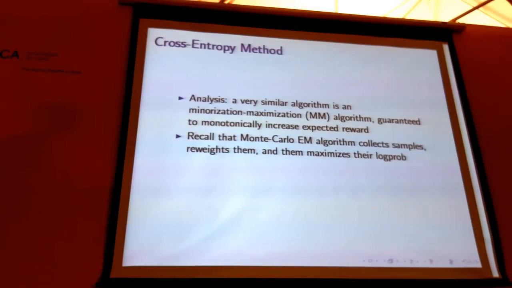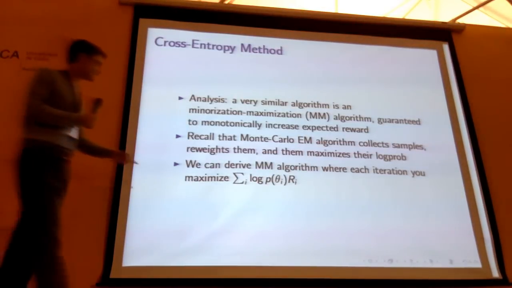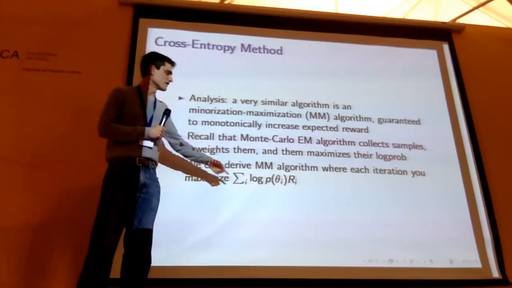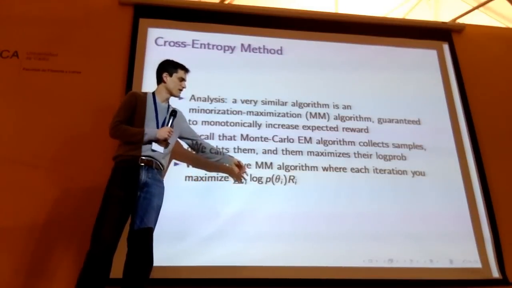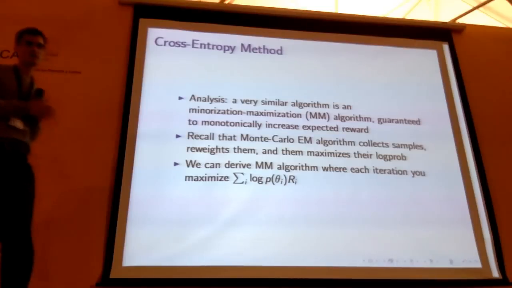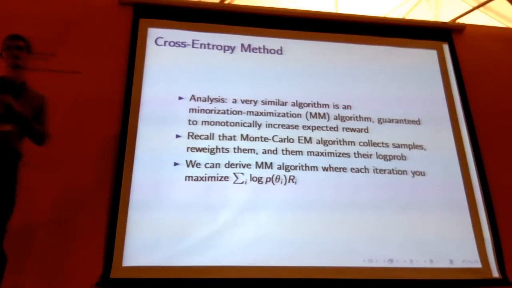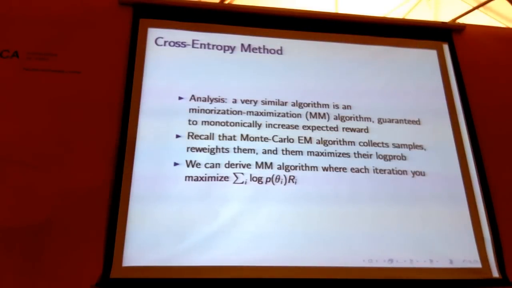If what you do every iteration is maximize the log probability of your parameter vector times the reward obtained from that parameter vector, then it ends up being a lot like the Monte Carlo EM algorithm.